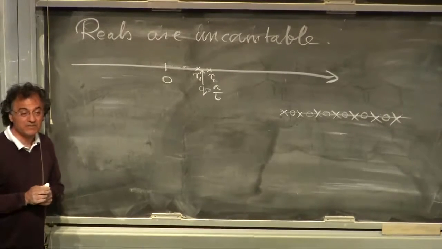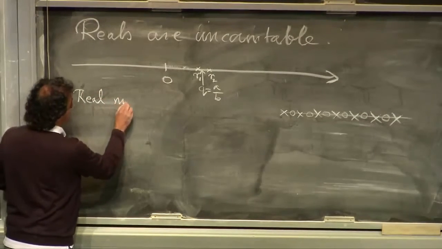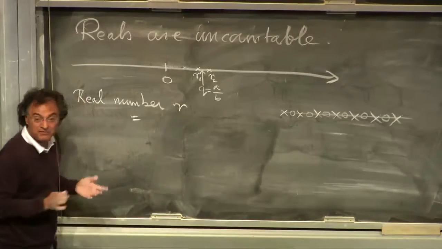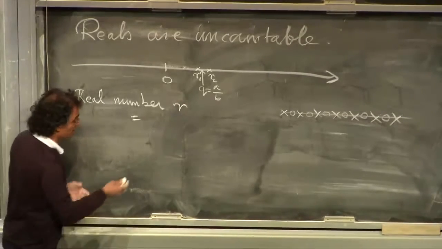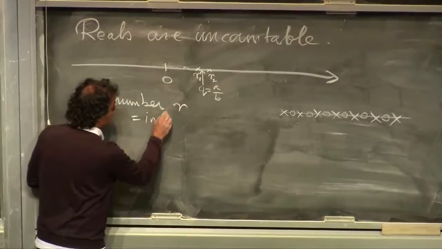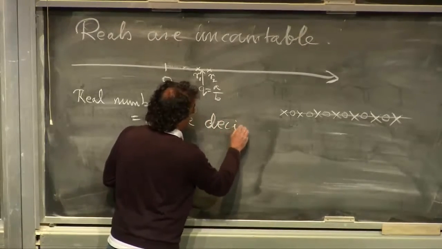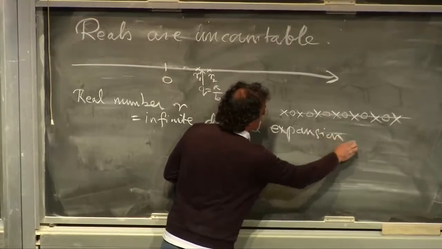By the way, what do we mean by a real number? What is a real number? There are many ways of defining it. For our purposes, it's an infinite decimal expansion, or binary expansion, whatever we want, right?